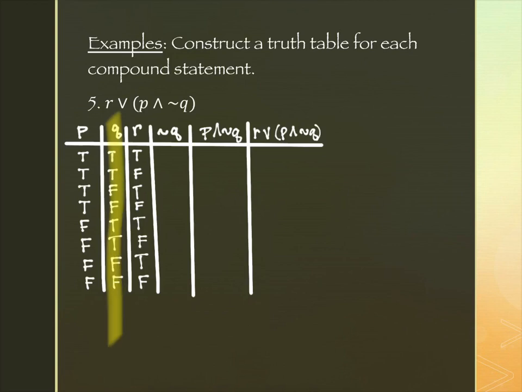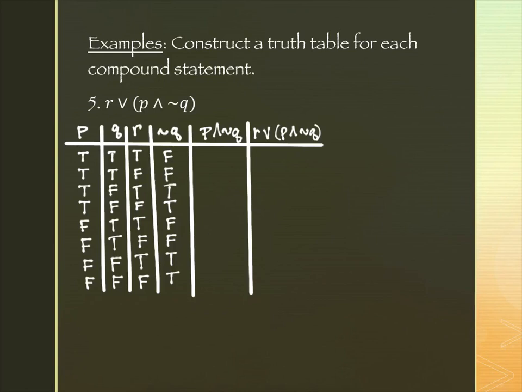And we're going to reverse this column. So this column went true, true, false, false, true, true, false, false. So what will my tilde Q column do? False, false, true, true. Okay, everybody good with that?